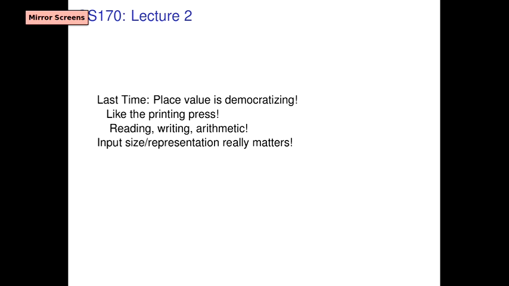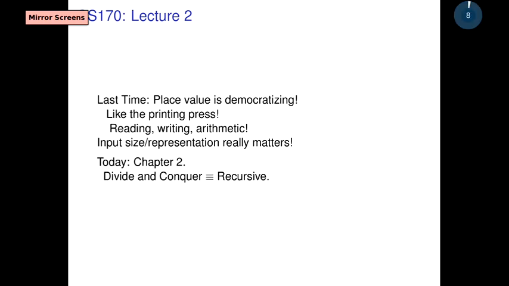From the computer science perspective, what we were saying is really that input size and representation matter. Here's a really beautiful example you've worked with for a long time, and you should appreciate that. Today we're going to do chapter 2, these divide and conquer algorithms, which is also something you've seen before, which is really recursion.